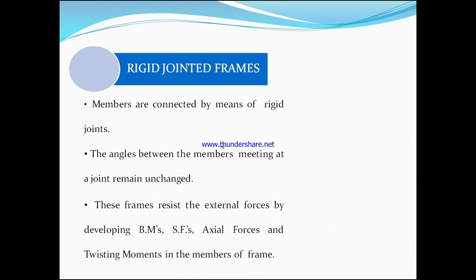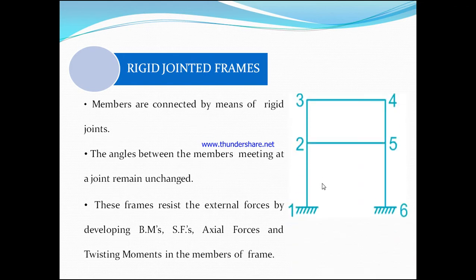Rigid joint members are connected by means of rigid joints. The frame resists the external forces by developing bending moments, shear force, axial forces and twisting moments. As you can see in the figure, these joints of the frame are connected by rigid joints, which means the angles between the members don't change after the loading.